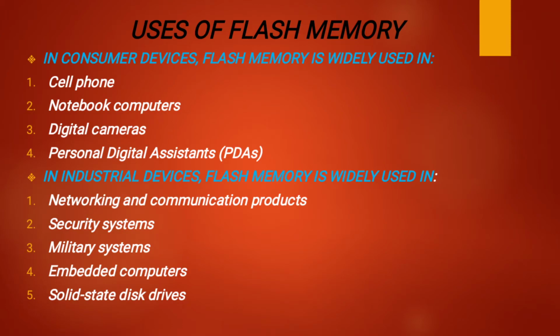Their security systems are based on flash memory storage. Whenever you need to store any data in these companies and industries, you store it in flash memory. Military systems also use flash memory to store data, embedded computers, solid state disk drives.